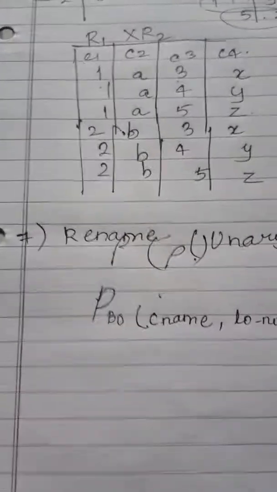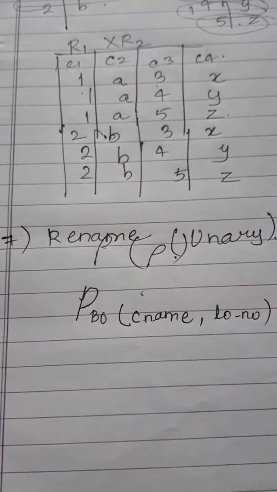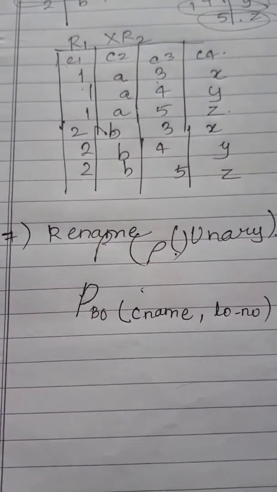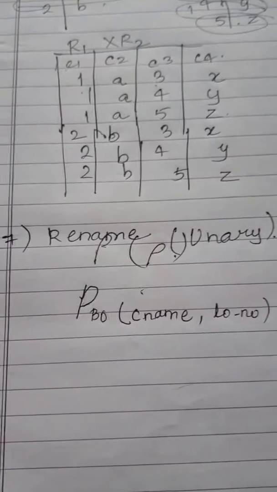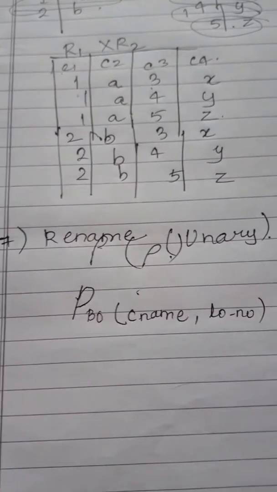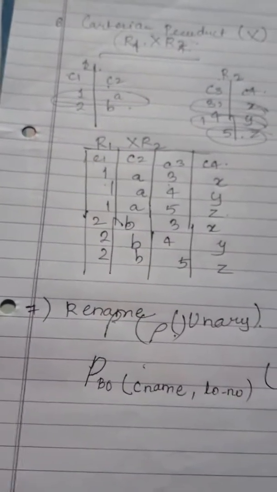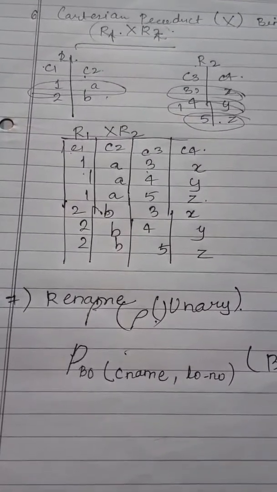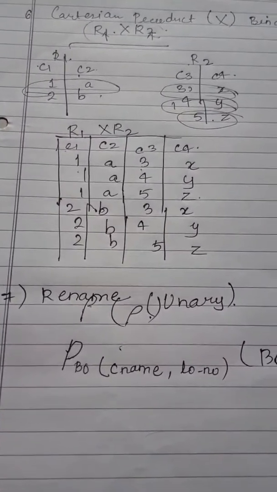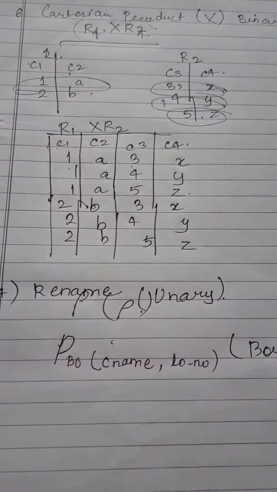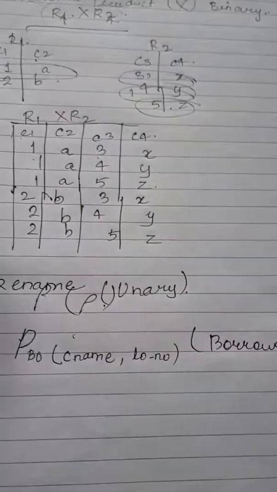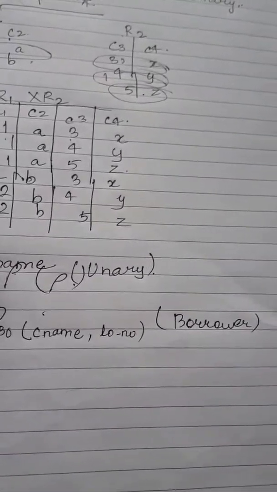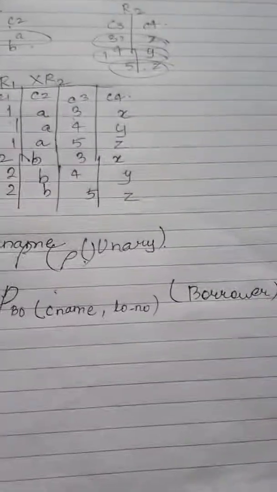So in total there are 7 fundamental operations, out of which 4 are unary and 3 are binary. Which ones are binary? First is Cartesian product. The second is the set difference, and the third, which is binary, is the union operation.